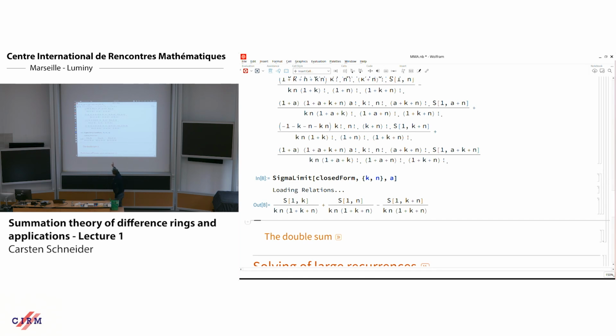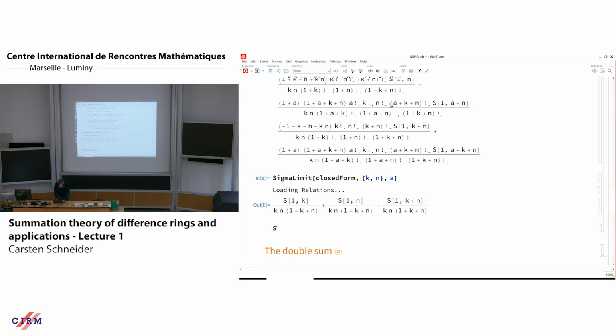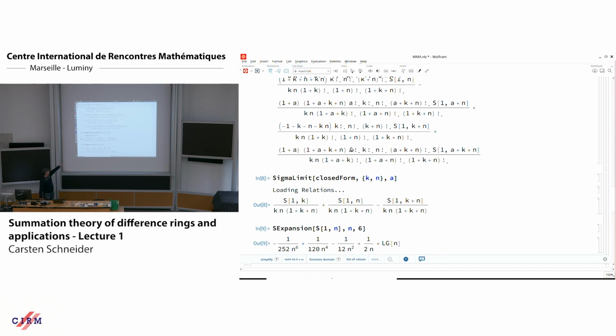Okay, note that the limit calculation is also done with the computer, so it's also based on computer algebra methods. So let me illustrate that. We can also compute asymptotic expansions for the harmonic numbers, which is a key ingredient to do these limit calculations. So if I type in, for instance, the command SExpansion, one moment, of the harmonic numbers with respect to n, and we compute, say, up to order 6, then we get that expansion.